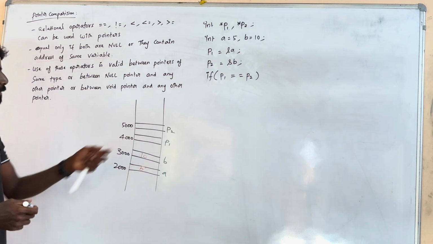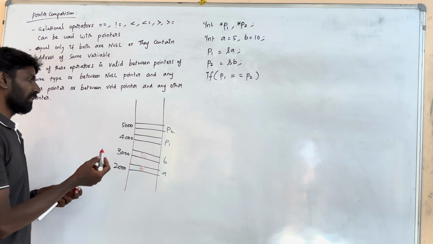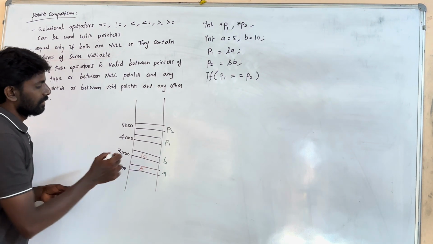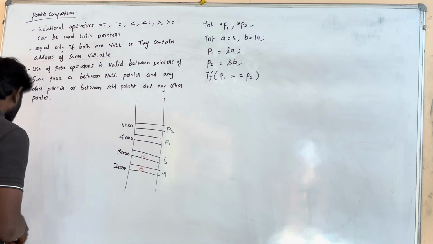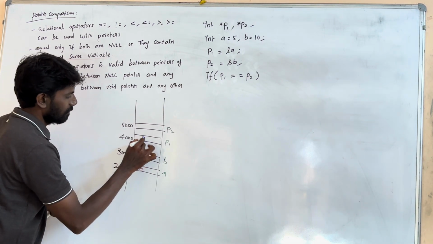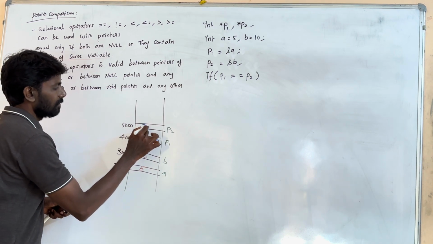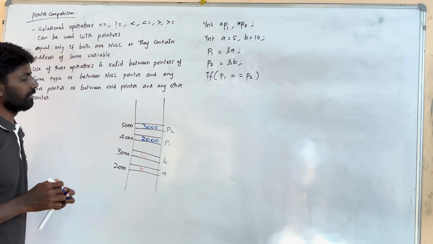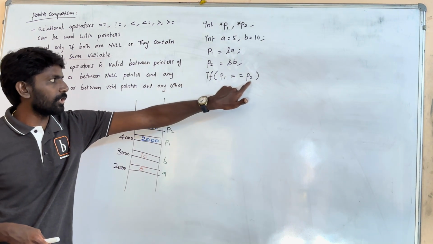In P1, the address of a, 2000, you have here. And in P2, 3000 you have here.